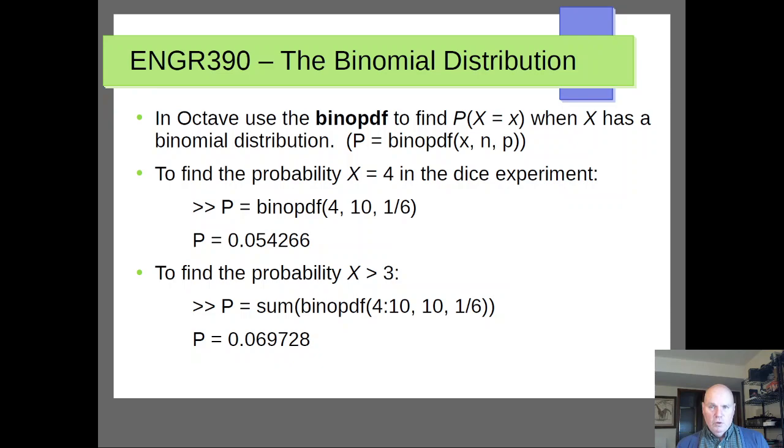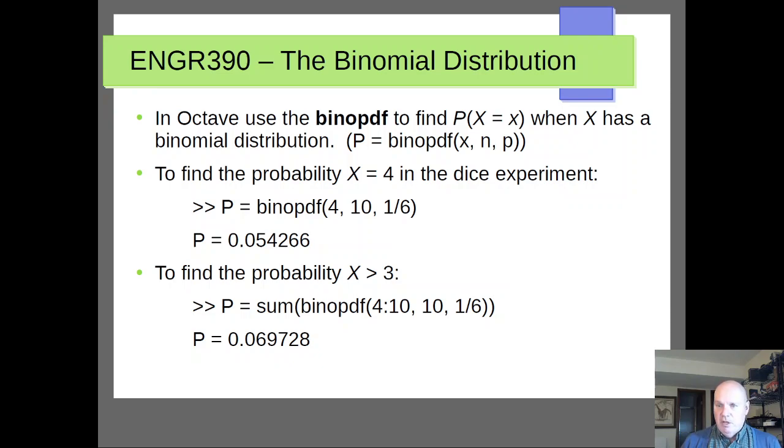So going back to the dice experiment, to find the probability that you get 4 ones in 10 tosses of the die, where the probability of success is 1 in 6, that probability is 0.054. So only 54 times out of 1,000 are you going to get exactly 4 ones on average when you throw the dice 10 times.